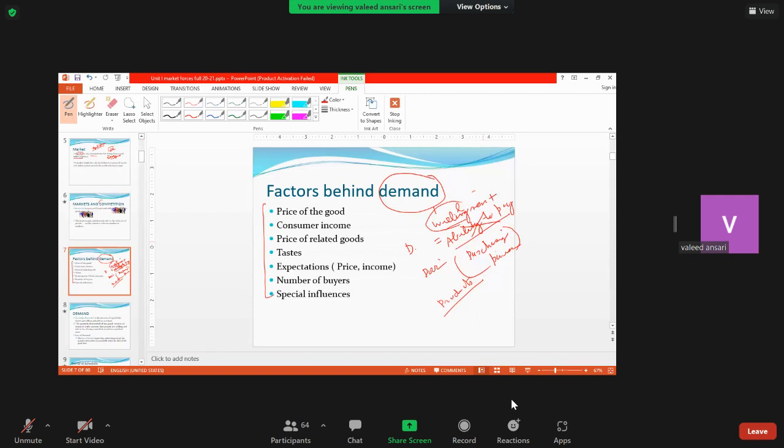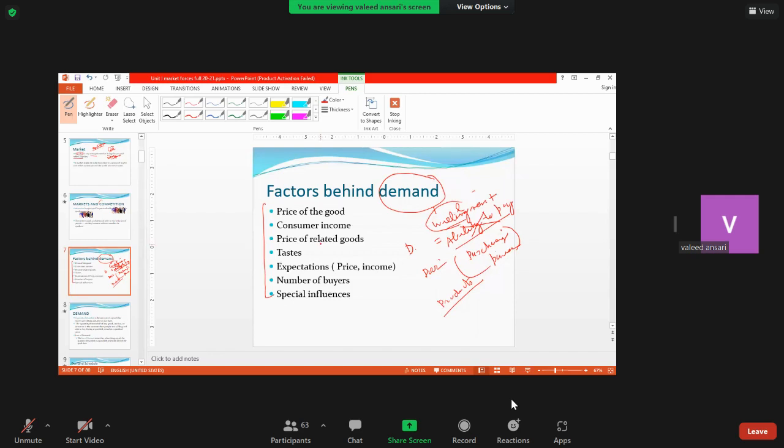Now, what are the factors behind demand? Economists have pointed out that there are several factors which affect the demand. The first is the price of the good itself, then the income of the consumer, and the price of related goods. There are certain products which are either substitute or complementary products.